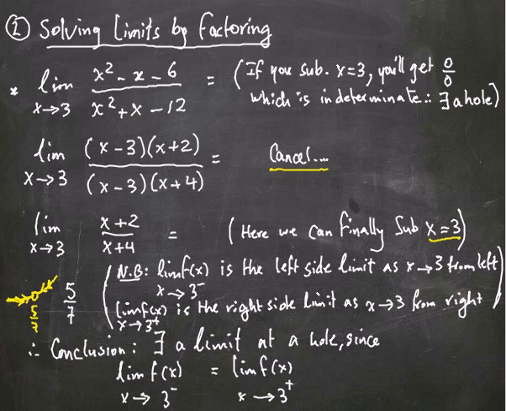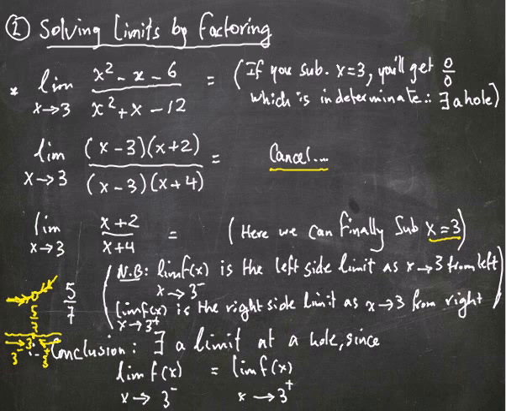Here we speak about left side limit and right side limit. So the limit of the function when x approaches 3 minus, which is 3 from the left, is equal to 5 over 7, and as well when x approaches 3 from the right, so we're talking 3 plus in this case, the limit is also 5 over 7, and there exists a limit at the hole, which is always true.